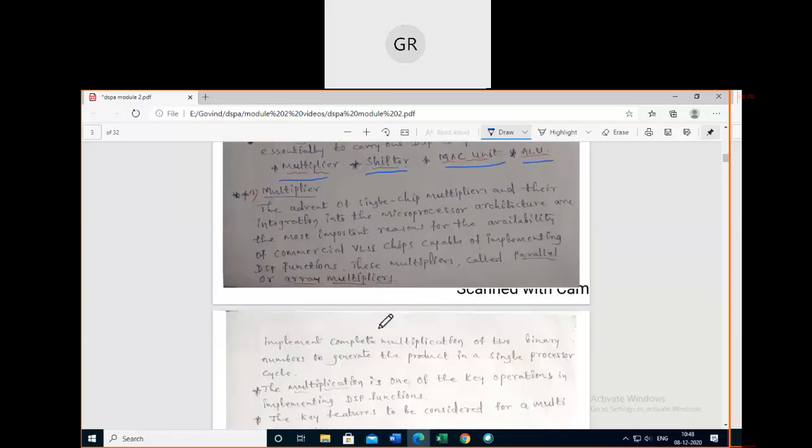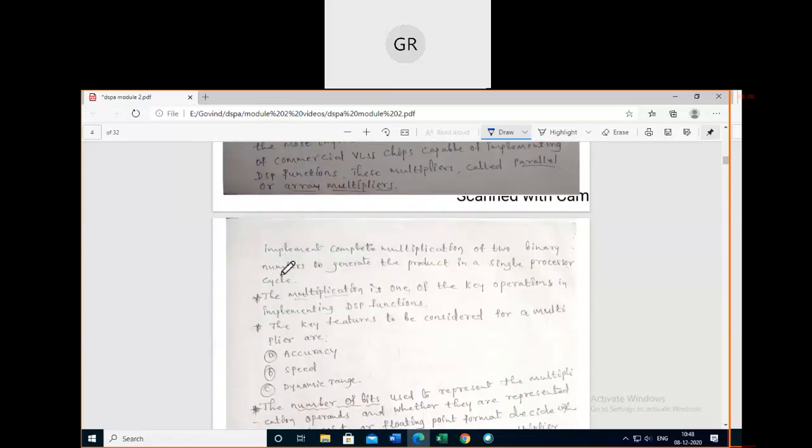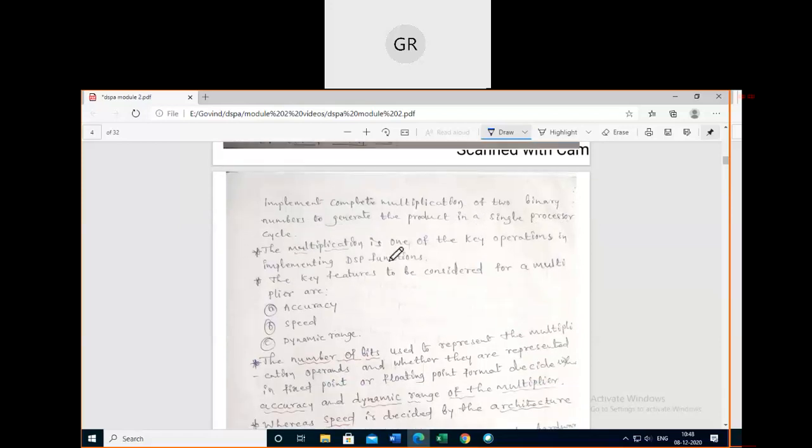They implement complete multiplication of two binary numbers to generate the product in a single processor cycle. Multiplication is one of the key operations in implementing DSP functions.